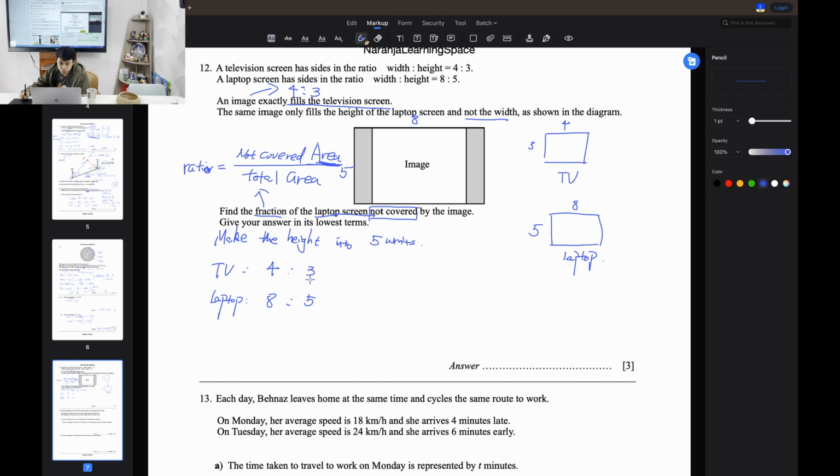And if I'm to make this 3 to 5, this 4 will become 4 times 5 divided by 3. Okay, so this gives us 20 over 3. Okay, so now this is 20 over 3.